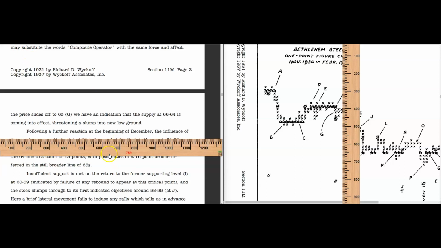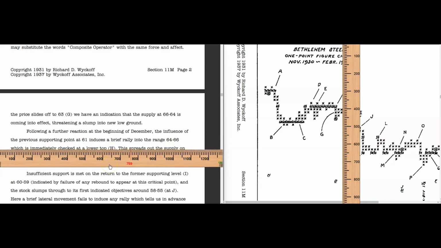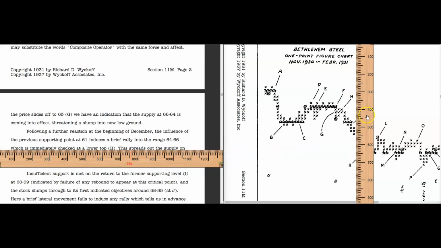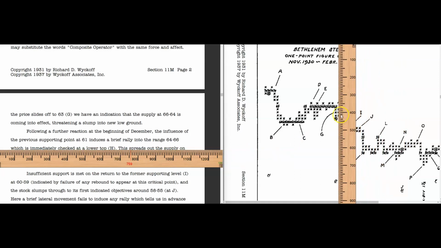Following a further reaction at the beginning of December, the influence of previous support at 61 introduces us to a brief rally into the 64 to 66. All right, so it cracks 64 and comes to 61. What is 61? It's your support area.